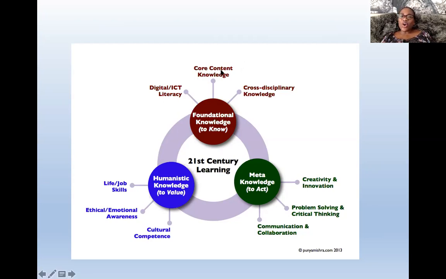The core content knowledge. What do you mean by content knowledge? That is the content of your subject. You will not be able to teach accounting if you don't know the content of accounting. How can you teach assets equal owners' equity plus liabilities if you don't know it?